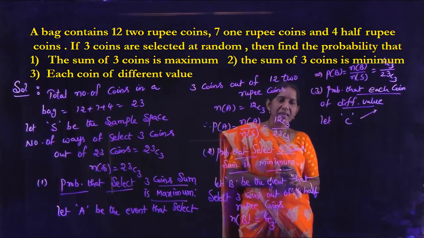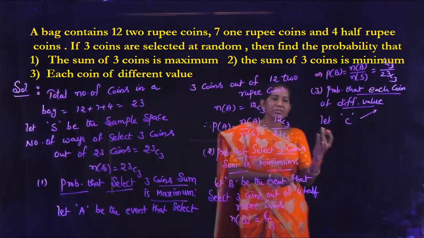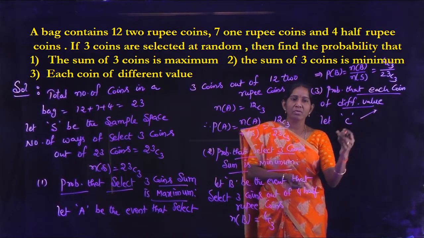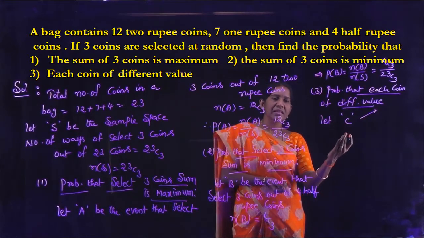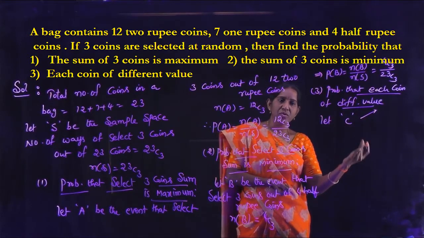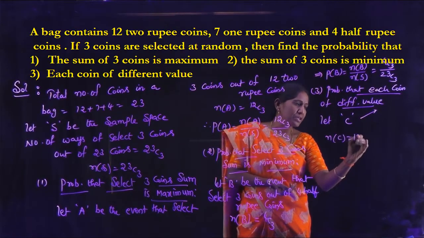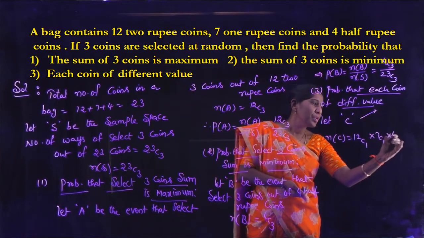So select 1 coin out of 12 2 rupee coins, 1 coin out of 7 1 rupee coins, and 1 coin out of 4 half rupee coins. This can be done in 12C1 into 7C1 into 4C1 ways. Therefore, n of C equals 12C1 into 7C1 into 4C1.